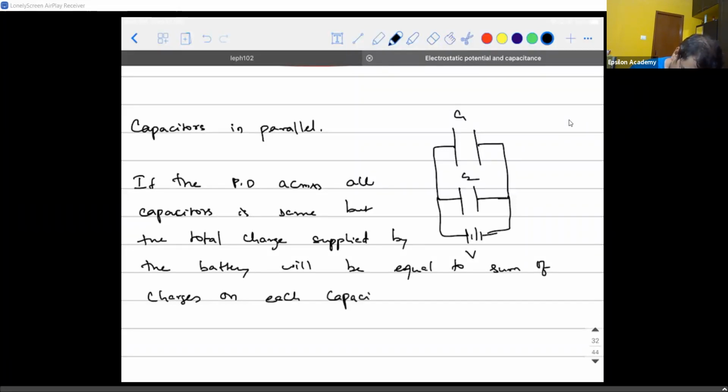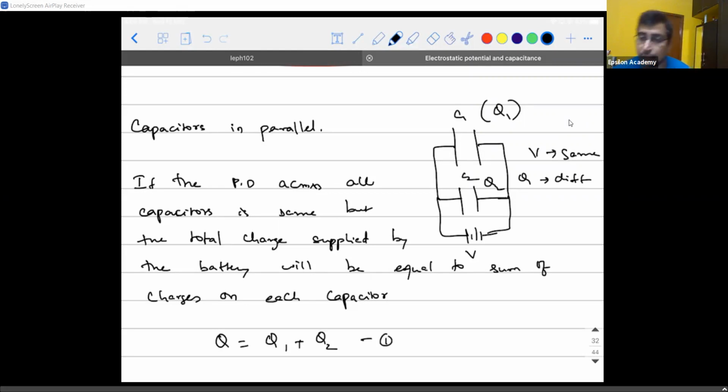What do I mean by this? In this case, V is same whereas Q is different. If the charge here is Q1, if the charge here is Q2, then the total charge supplied by the battery is Q, then Q will be equal to Q1 plus Q2. This will be the mathematical condition for the capacitors in parallel.